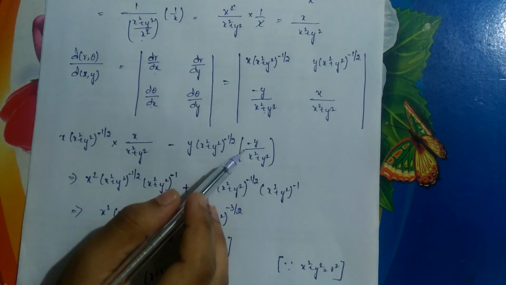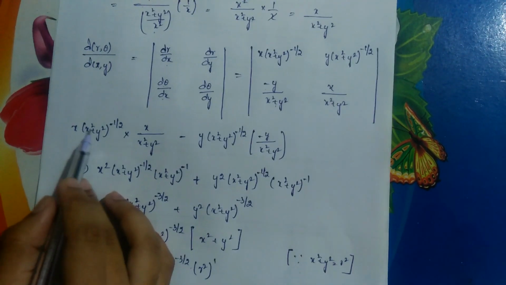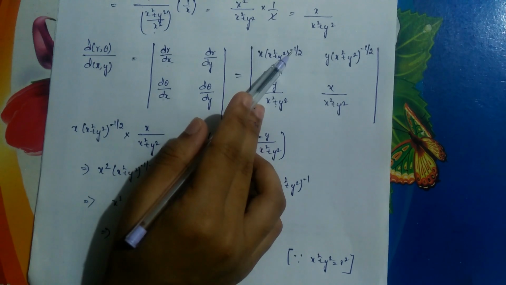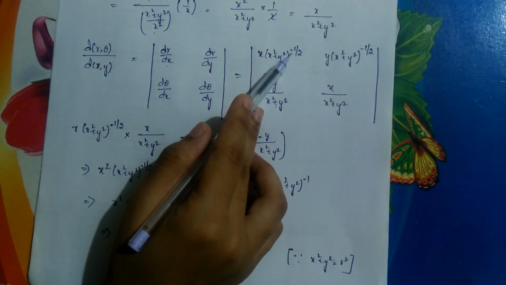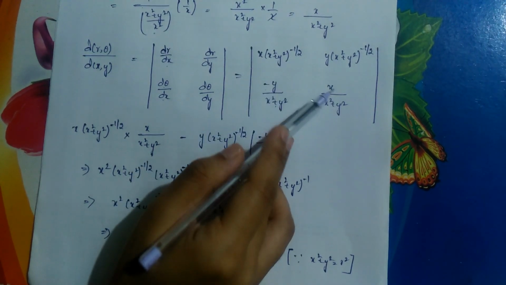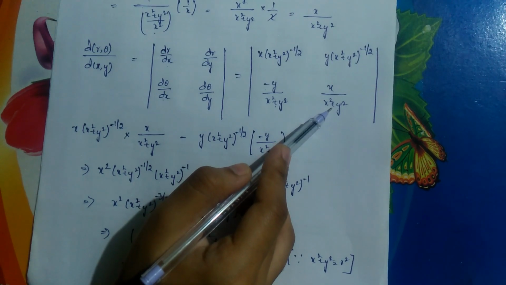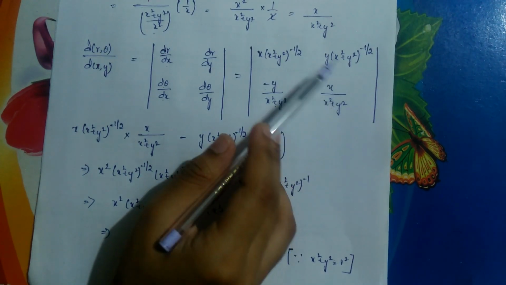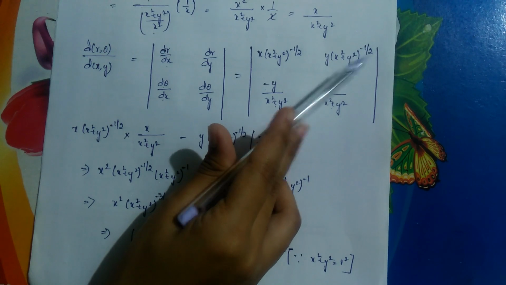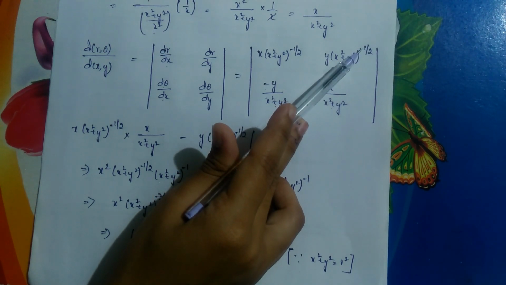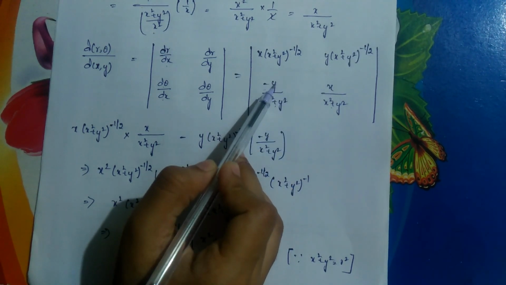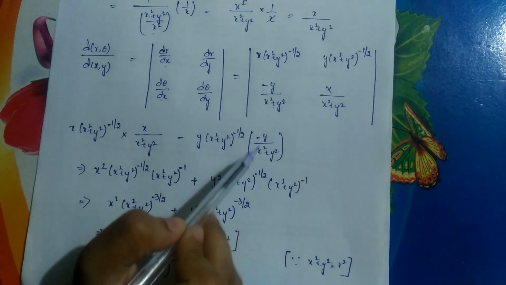So here when we find the determinant, x(x² plus y²)^(-1/2) is multiplied with x by (x² plus y²), and minus y(x² plus y²)^(-1/2) multiplied with minus y by (x² plus y²).